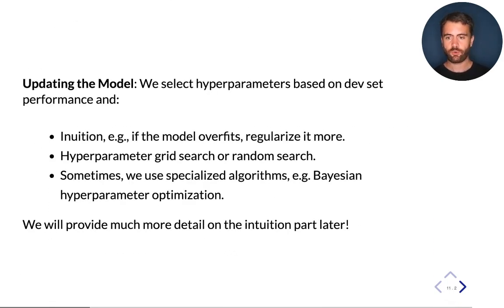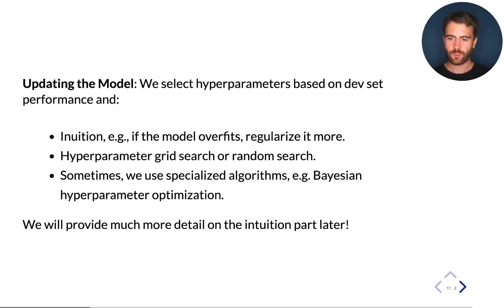Finally, a remaining question is, how do we update the model? We are going to look at this in much more detail, but essentially, once we have observed our performance, we want to determine whether we want to keep this model or make changes. This can be based on our intuition.